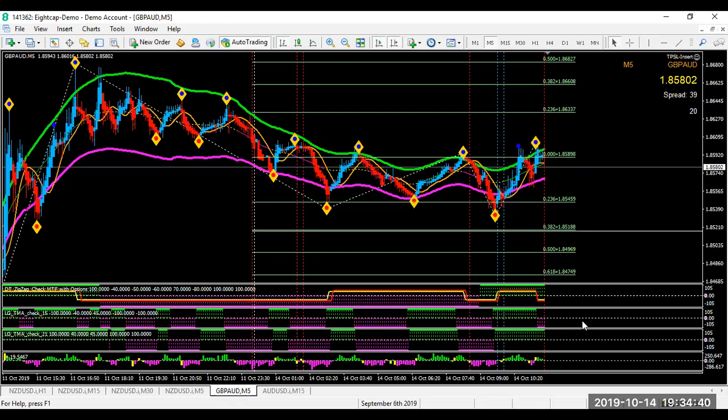So in our charts, what I'm looking to do is extract information that's going to give us further information about what price would like to do so we can take full advantage.